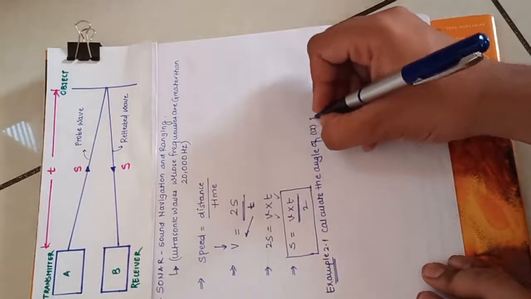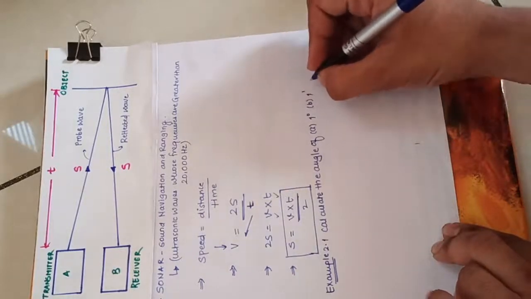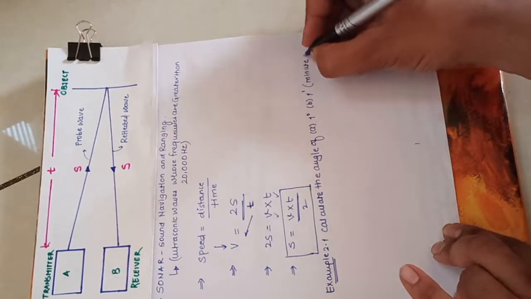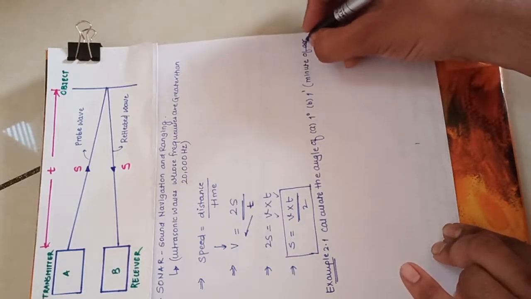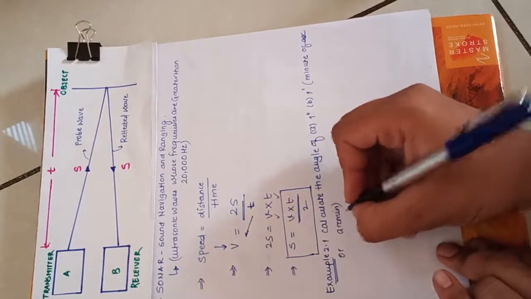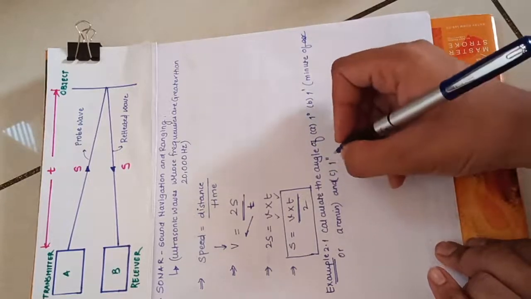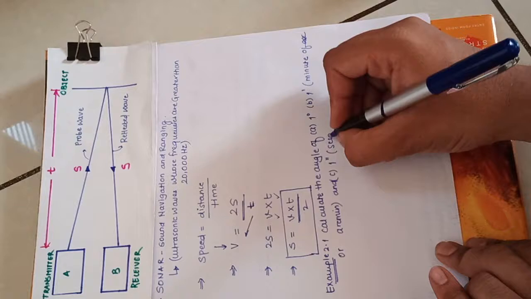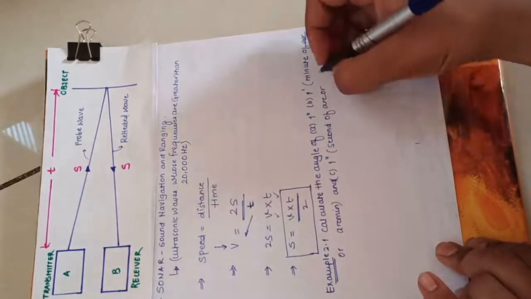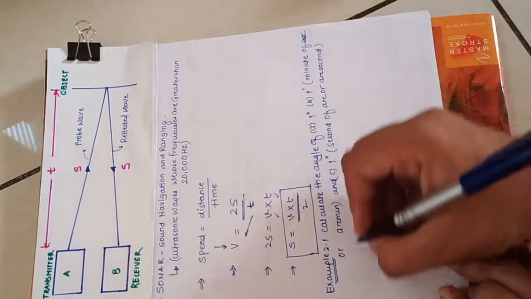A is 1 degree, B is 1 minute, that is minute of arc or arc minute, and C is 1 second, that is second of arc or arc second. You have to calculate these values in radians.